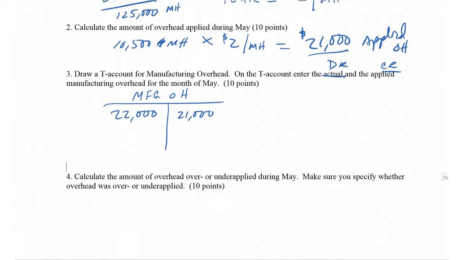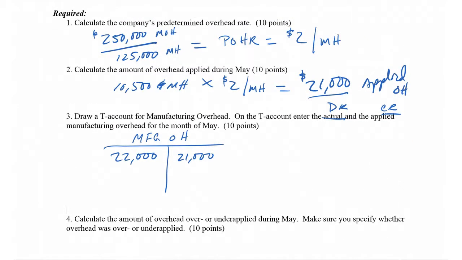So using that same T account, though, let's go ahead and do part 4. Calculate the amount of over or under applied overhead. Okay. So now we need to figure out the difference in the accounts. Well, we have a balance of 1,000. Is it over or is it under applied? The way you think this through is here's how much actual overhead we had. Here's how much was applied to the jobs.